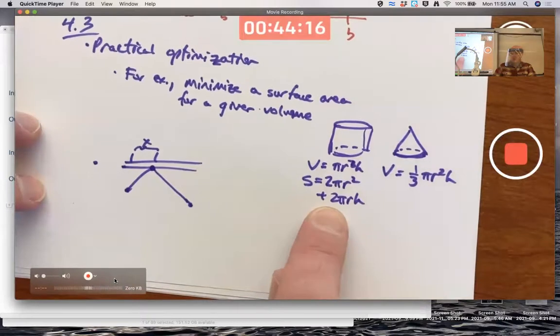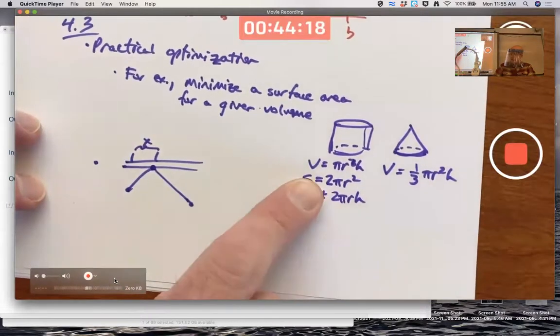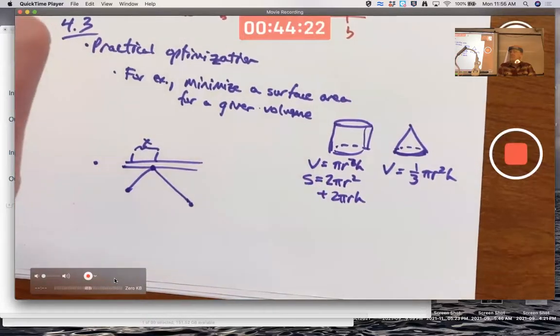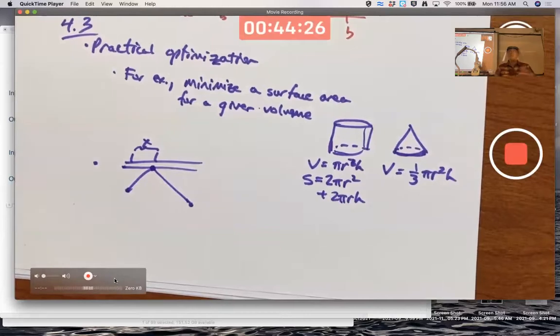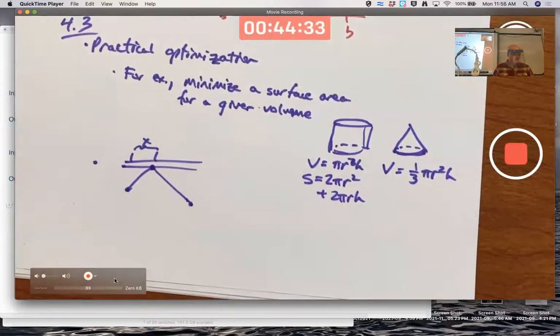The extra 2 up there would go away. You just have pi r squared, because only the bottom of the cylinder would be part of the surface area, not the top. So those would be ways you could modify it. There's also 2-dimensional versions of these problems with squares and circles and stuff, and in pictures like this.